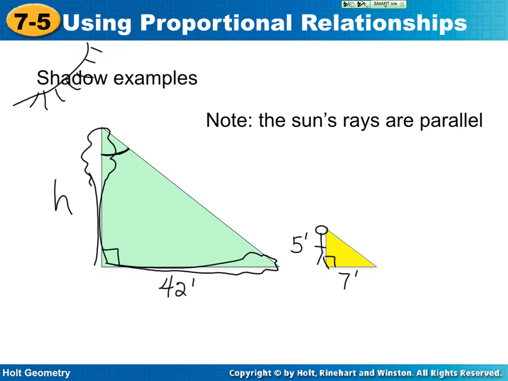This angle would be the same as this one, as long as you're measuring them at virtually the same place and at virtually the same time. Because if you waited, if you measured the tree's shadow and then a half hour later you measured the person's shadow, what's happened in that time period with the sun? Sun's moved, so that's causing the angle to be different. So you have to do this method like at the same time, basically.